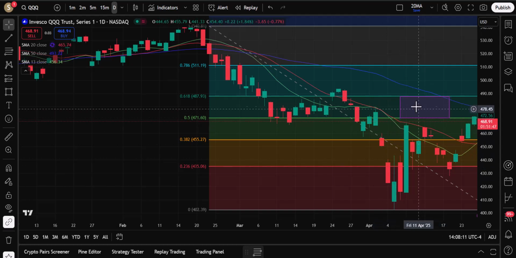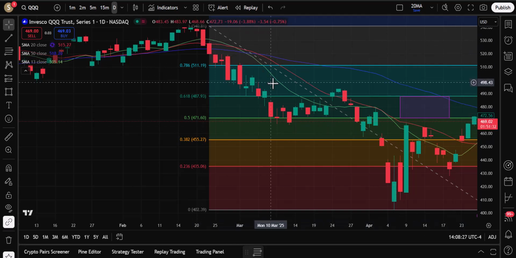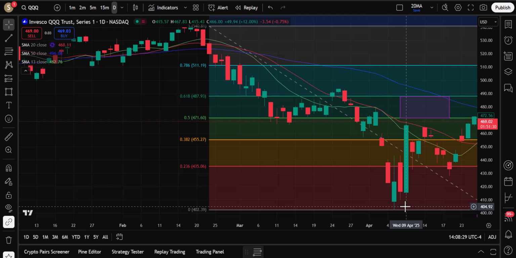But the first thing is, now that we're in this area, and this was Friday, so coming into today, this area is a place where shorts are looking to get short, right? If they either missed the downtrend or they covered shorts near the bottom, this is a good spot to put shorts back on.